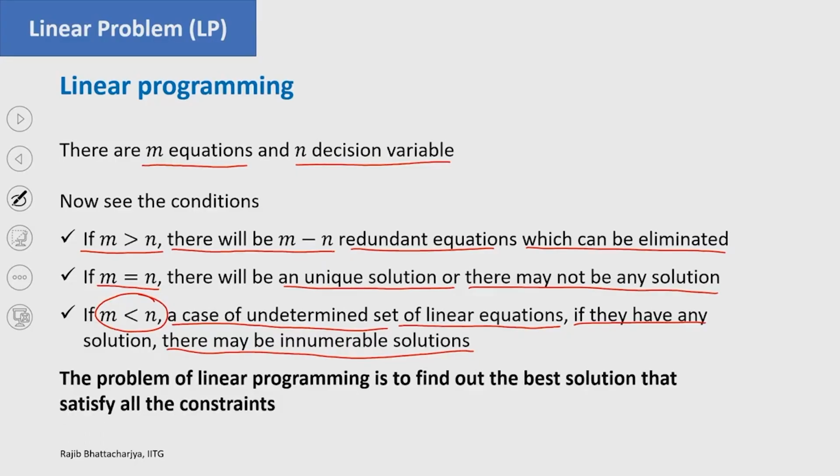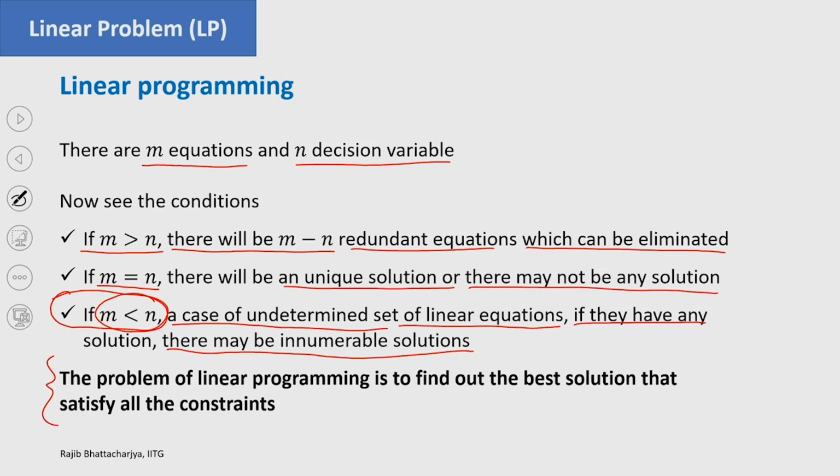So, the problem of linear programming is to find the best solution that satisfies all the constraints. I am talking about the third case, when the number of equations is less than the number of variables.